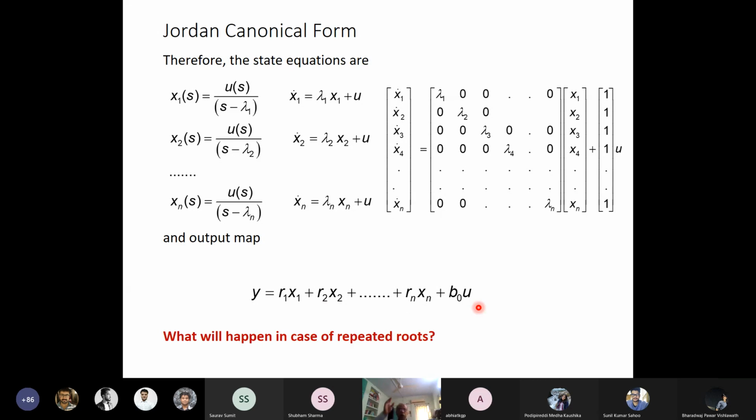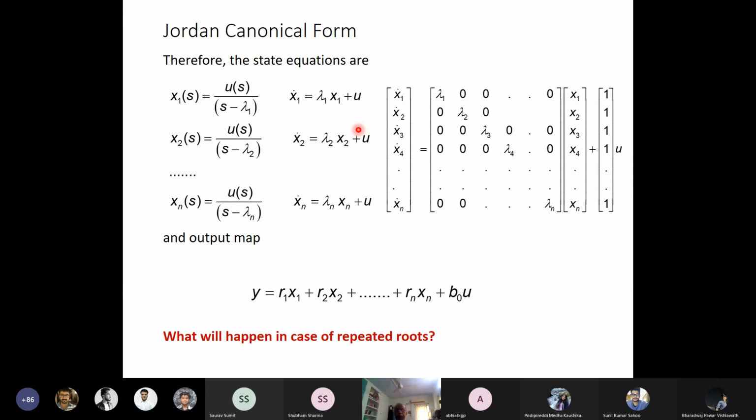So the controllable canonical form and the Jordan canonical form, you can see, are two completely different forms. In the Jordan canonical form, all the states are delineated, or their interactions are minimized.